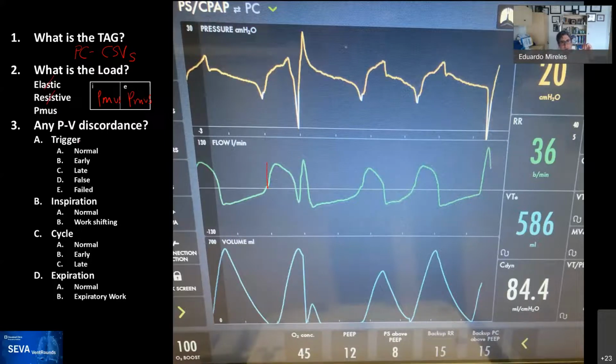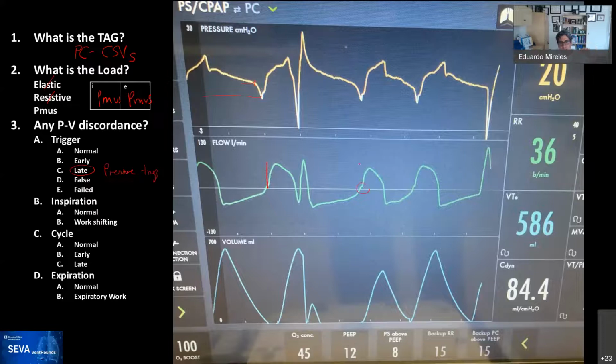In terms of triggering, you can see the drop in pressure starts up here, and it takes a fair amount of time until they reach from baseline the triggering, and then it activates. So it looks like this would be a case of late trigger, in which it's just taking a large amount of time to do that. And the cause of that, just by looking at it, is likely that they have set a pressure trigger, and that is causing the patient to take a while.